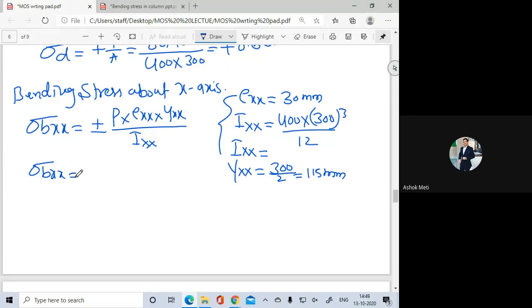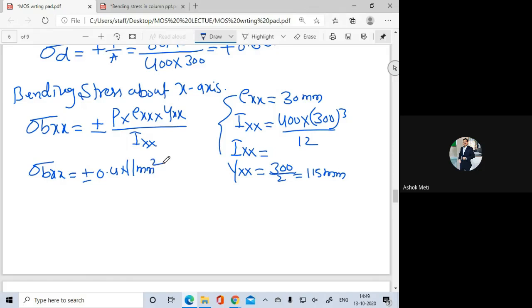Tell me the answer. 0.4. Yes, exactly. So here it is plus or minus 0.4 Newton per mm square.